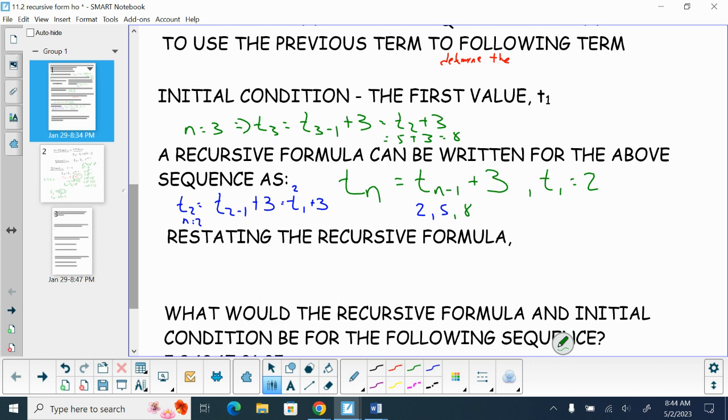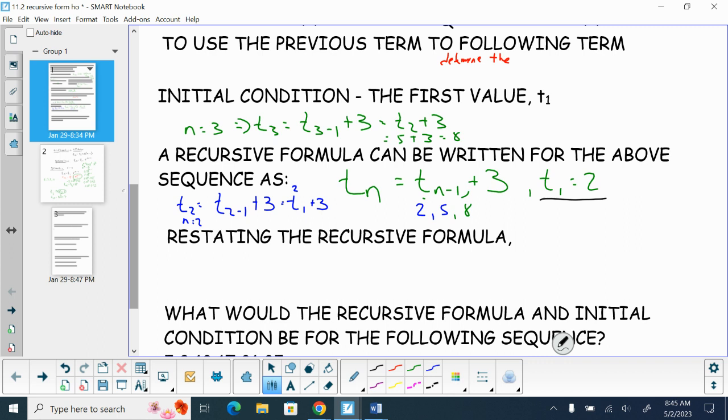Once again, this gives us our previous term. What do we have to do with our previous term to get to my next term? And we have the initial condition that we have to start out with. Because if I started my initial condition at 7, then I would have a different sequence here.